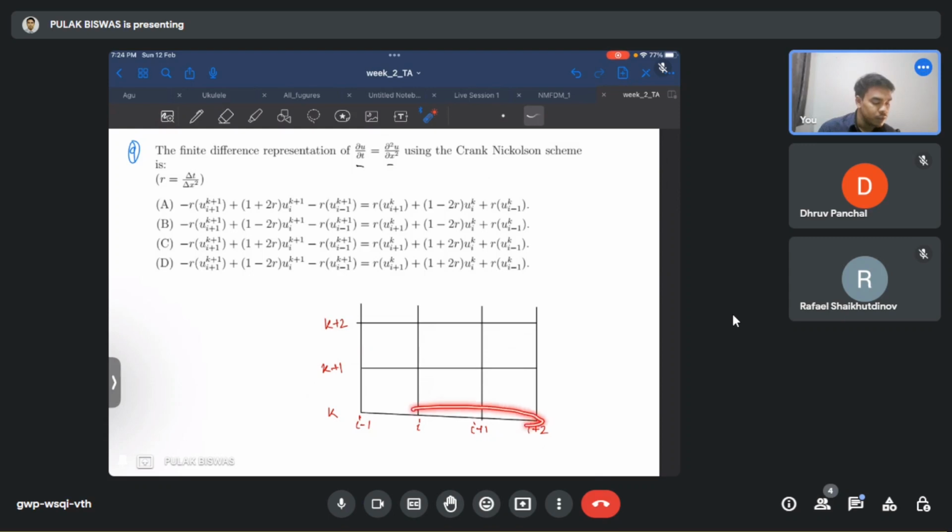We compute here the second derivative as well as here, and then we take the average of those two in order to represent the second derivative. But time, you are computing at these two levels and averaging.